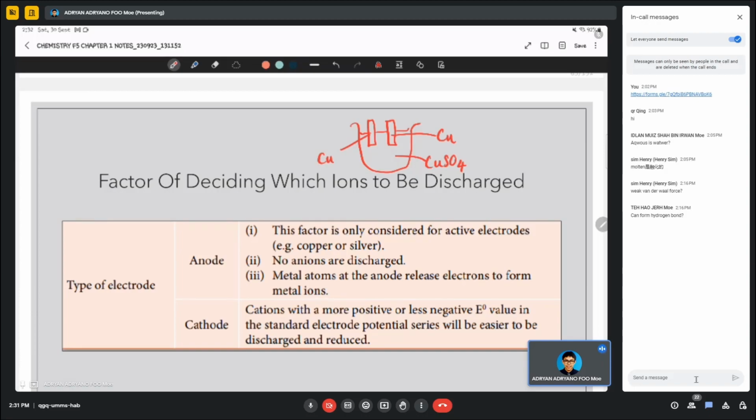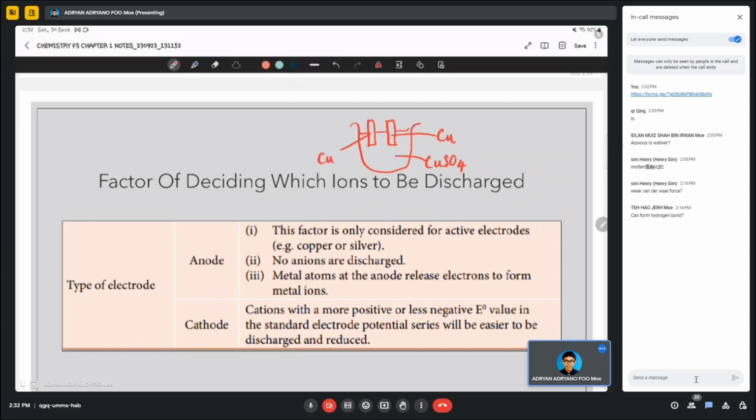In this case, it is no longer the anion that goes to the anode; it is the metal atoms that go to the anode to release electrons. No anions are discharged. The metal atom itself goes to the anode to release electrons to form metal ions, and these metal ions go back into the solution.